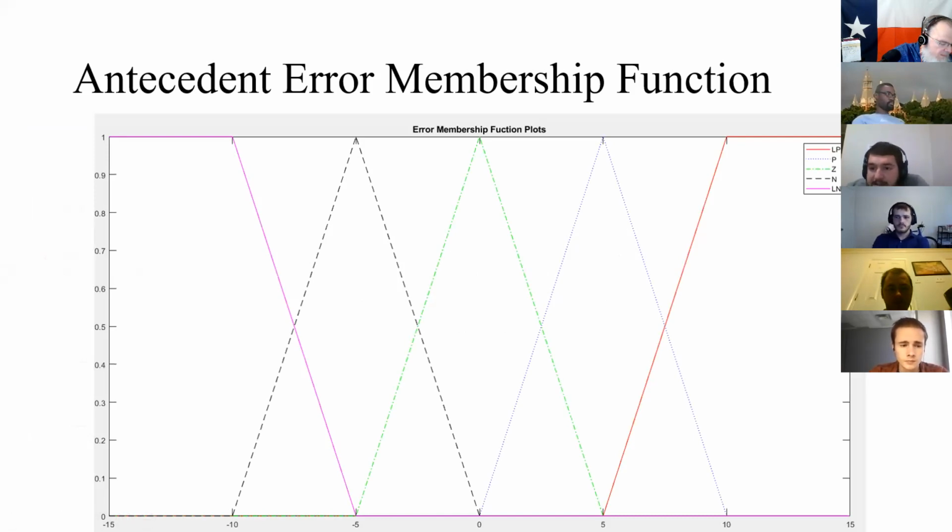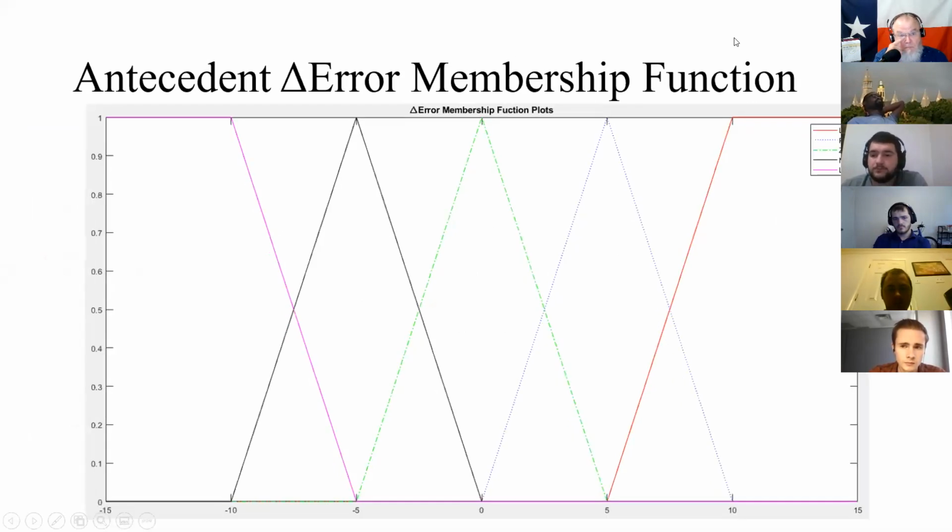I had it set so that the very large negative value was 10, the negative value is 5, and it just goes up by intervals of 5 for the large negative, the negative, the 0, the positive, and the large positive. And then I kept the same intervals for the delta error as well.